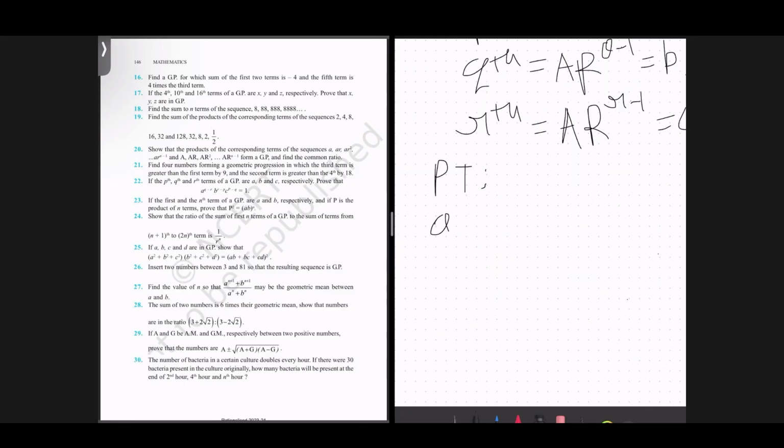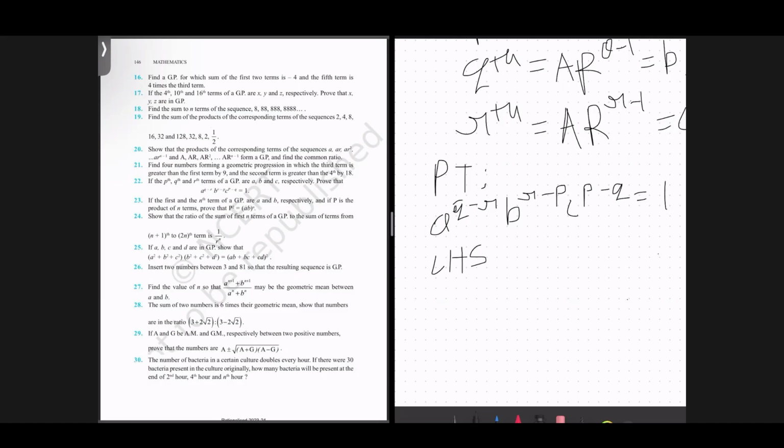And we have to prove that a raised to the power q minus r, b raised to the power r minus p, and c raised to the power p minus q is equal to 1.